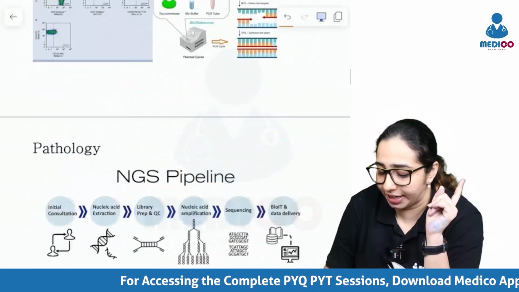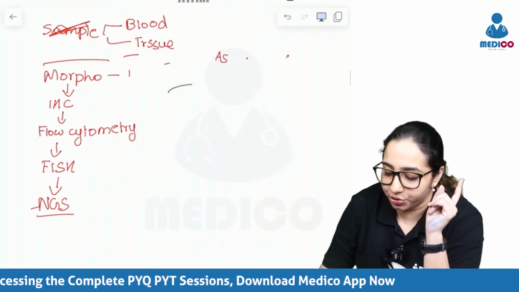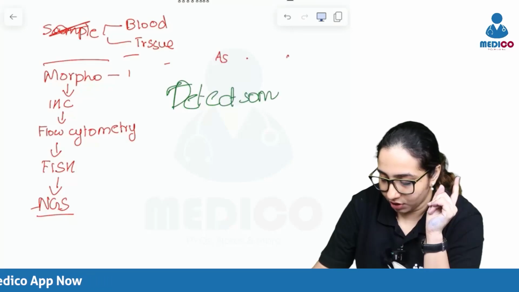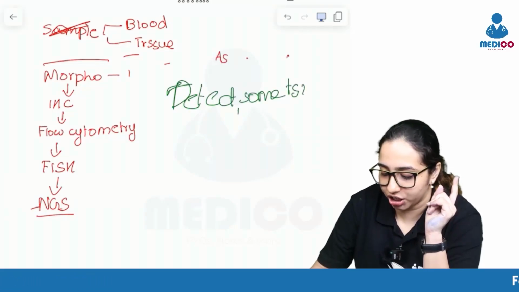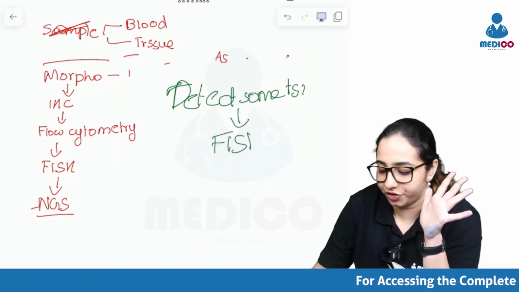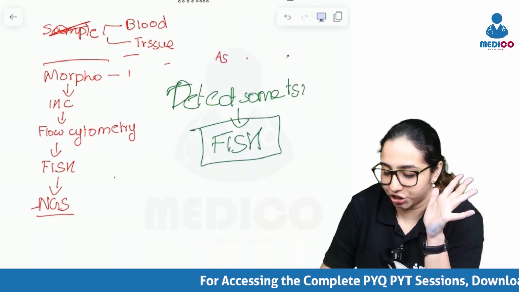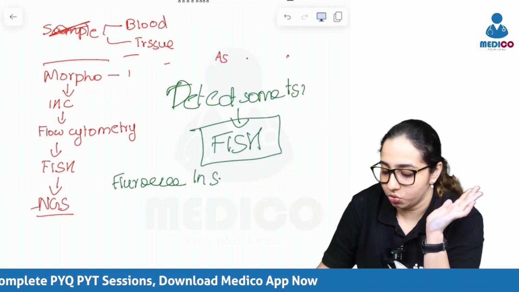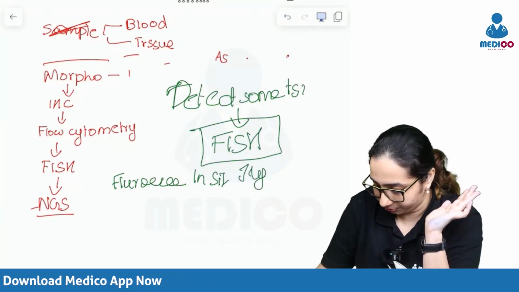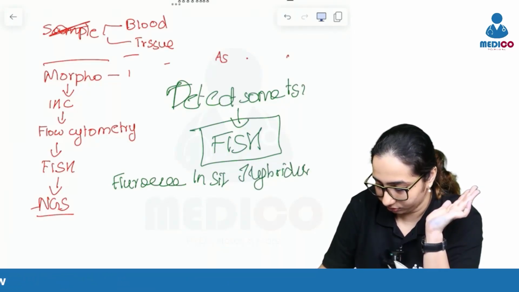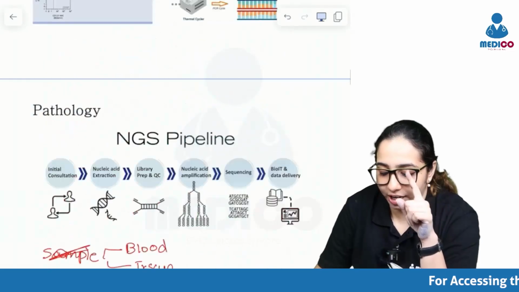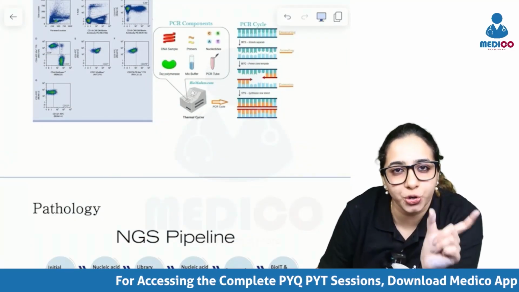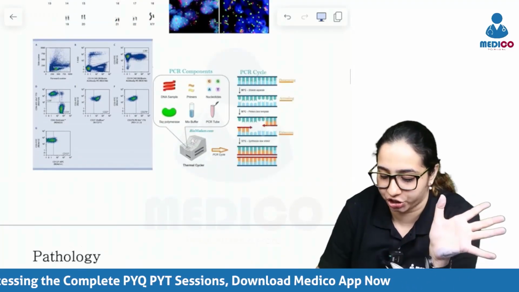I hope you remember me telling you, whenever you need to detect some sort of translocation, it is always FISH. What is FISH? FISH is fluorescent in situ hybridization. So in any question where you see the word translocation, what to do next? You always choose FISH.